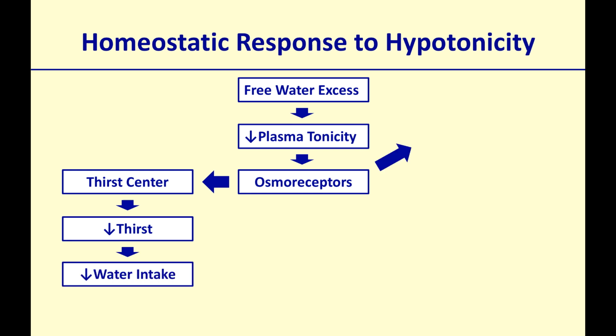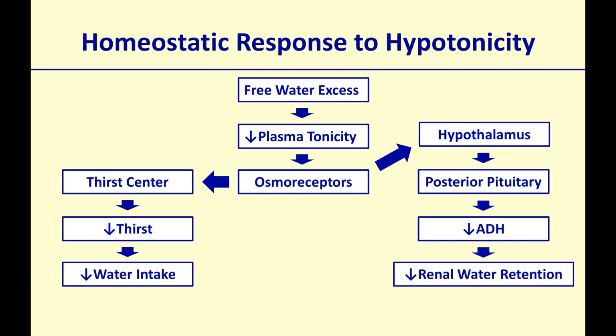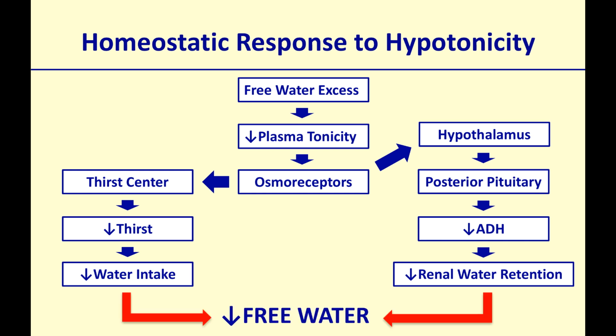And also it will send signals to the hypothalamus to decrease the production of ADH, which will travel in less amounts to the posterior pituitary, and it will be released less into the circulation, and then the kidneys, because there is less ADH, will retain less water. So low water intake and low renal water retention will cause a decrease in free water in the body, which will hopefully alleviate the excess of free water that initially was seen.